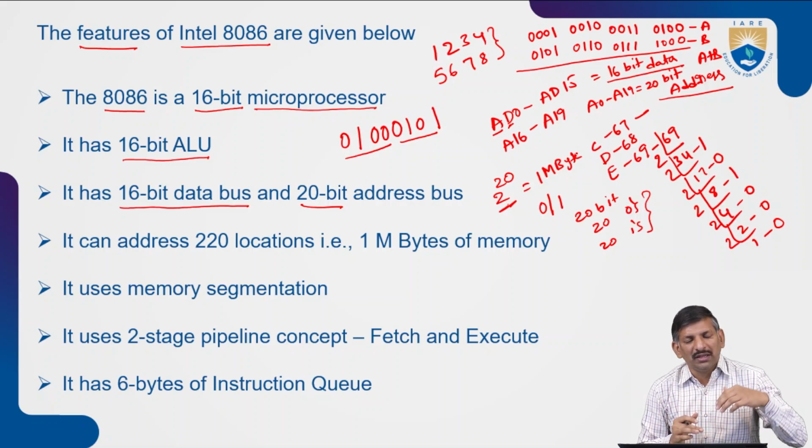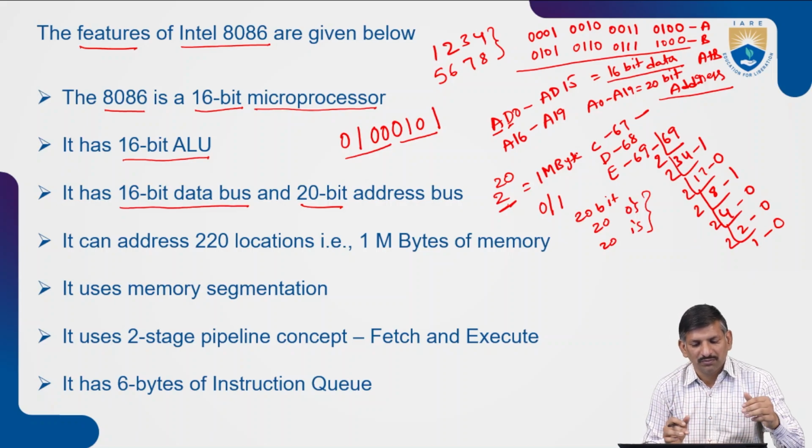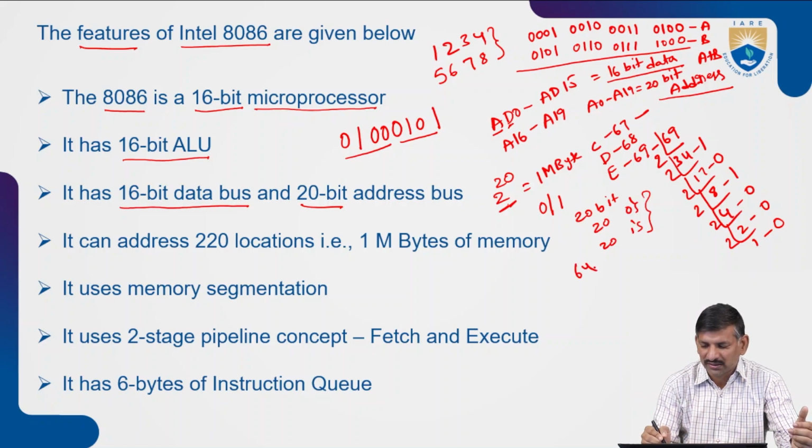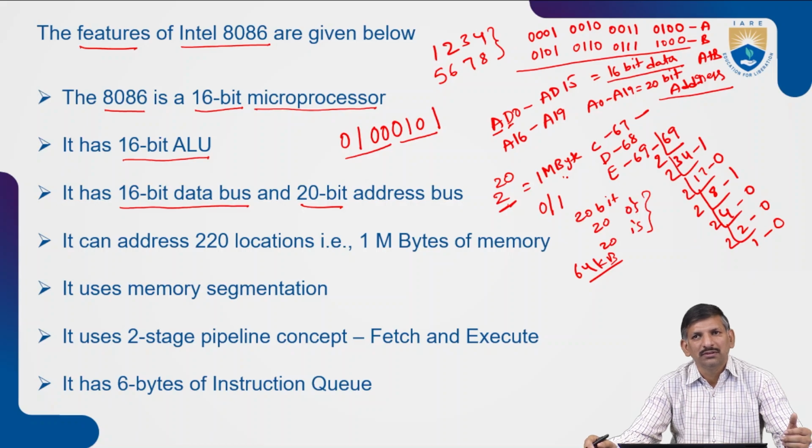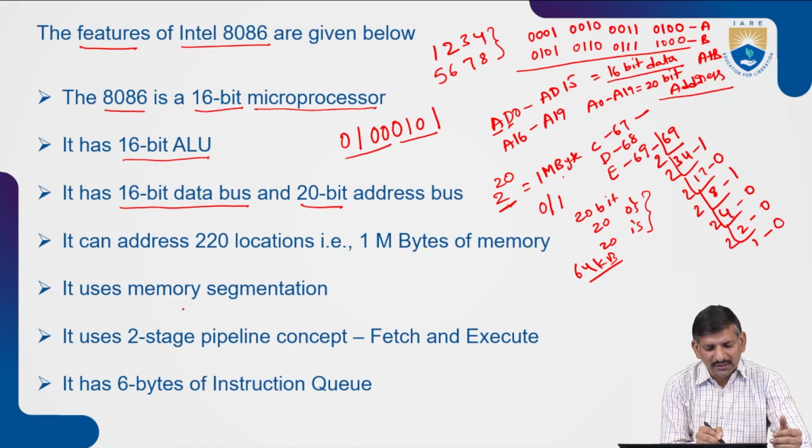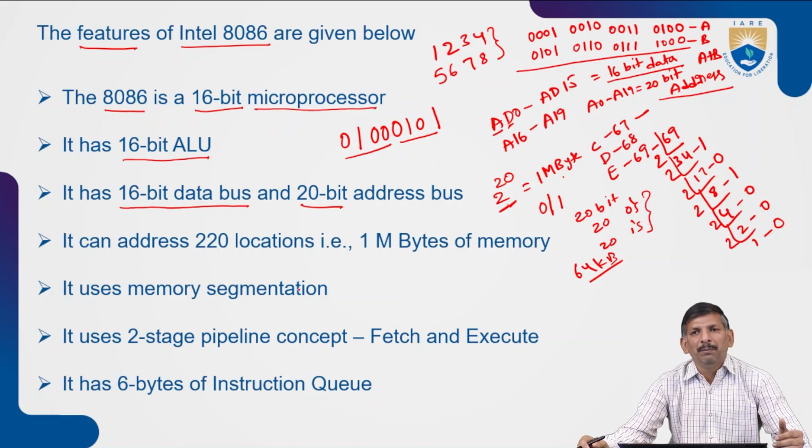Okay. So when comparing with previous versions, it is somewhat better. Previously, we could access only 64 kilobytes. So we can increase accessing from 64 kilobytes to 1 megabyte. Next, 8086 microprocessor uses memory segmentation.